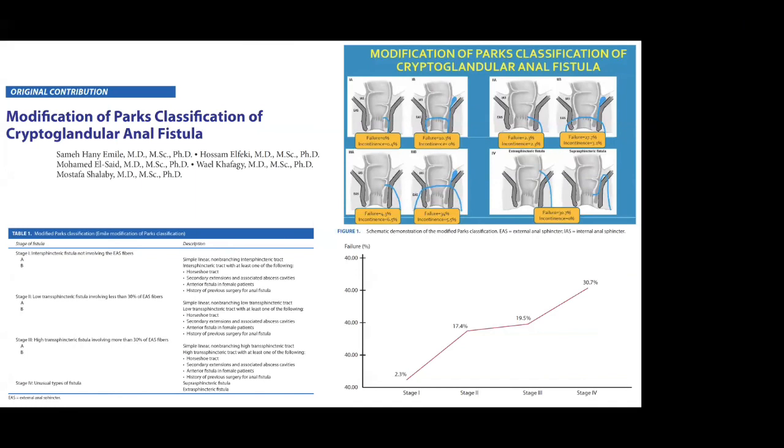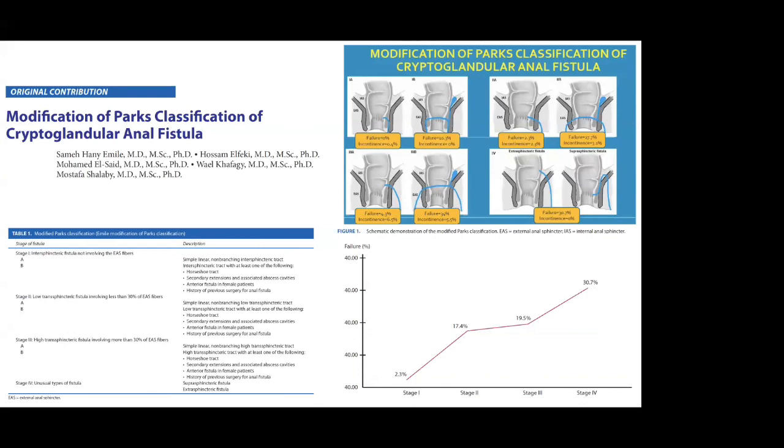So we love simple classification without the complex ones. These colleagues proposed a modification of the Parks classification, starting from the analysis of the predictive factors of failure, that are secondary tract, horseshoe fistula, recurrent fistula, or anterior fistula in women.